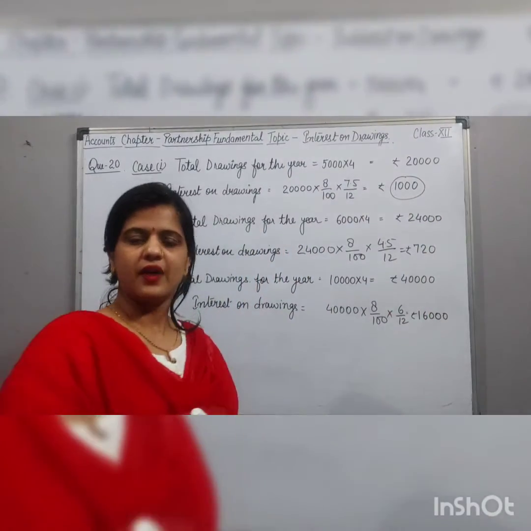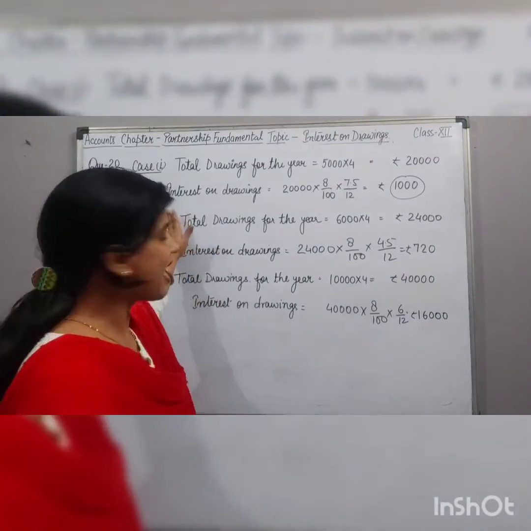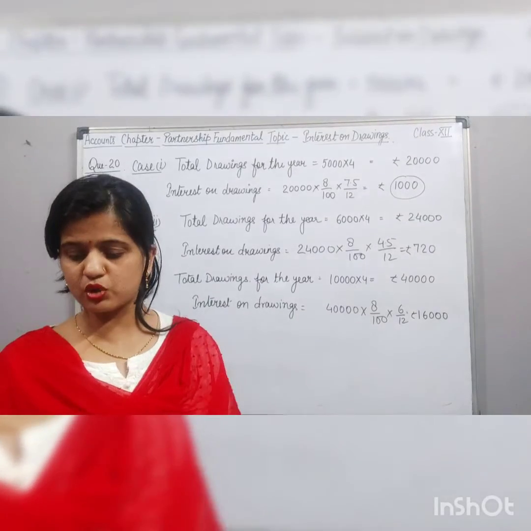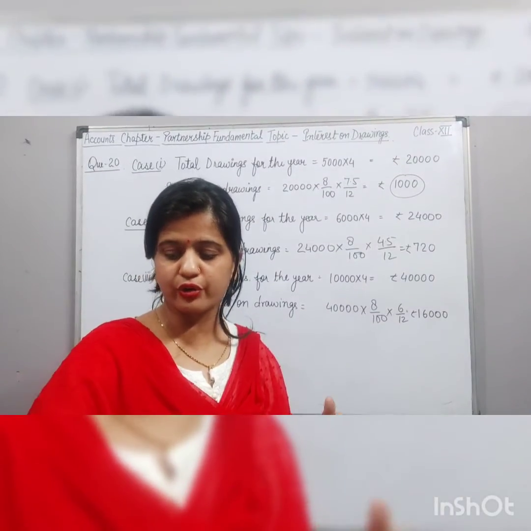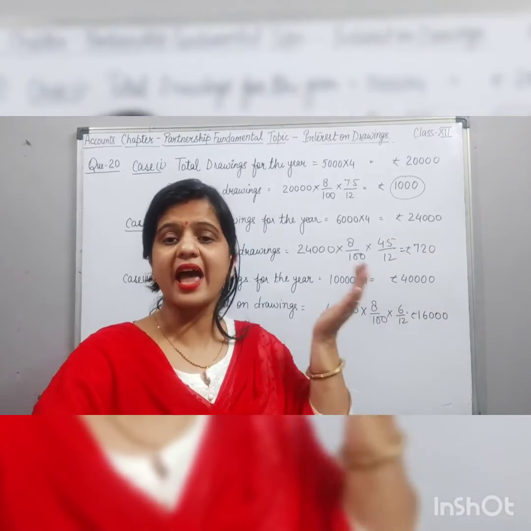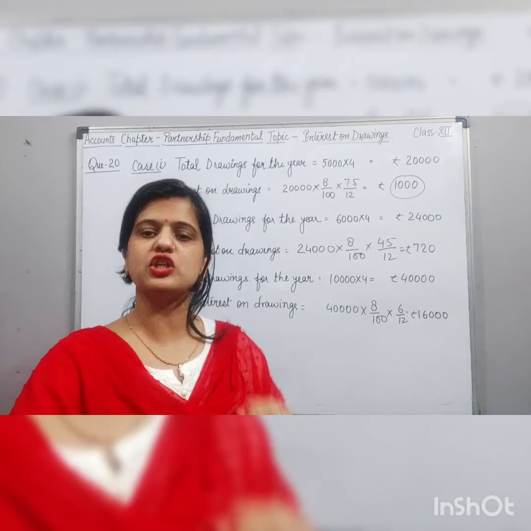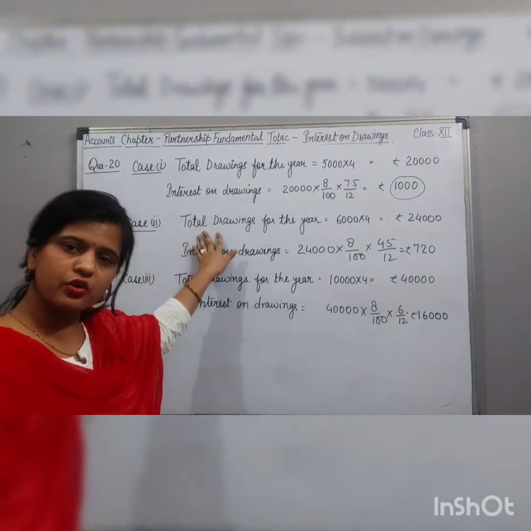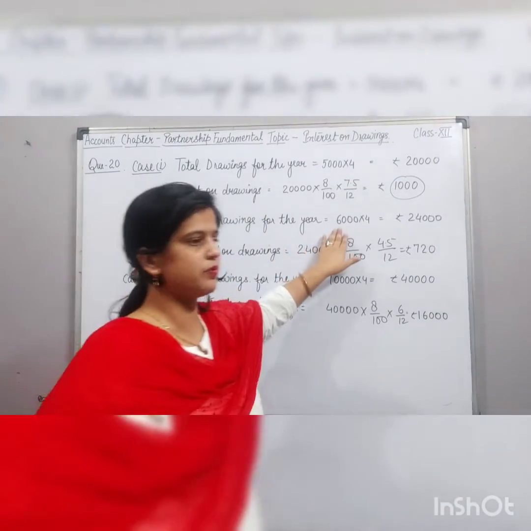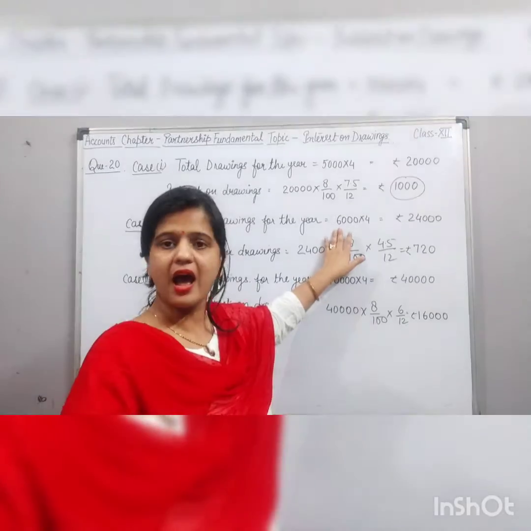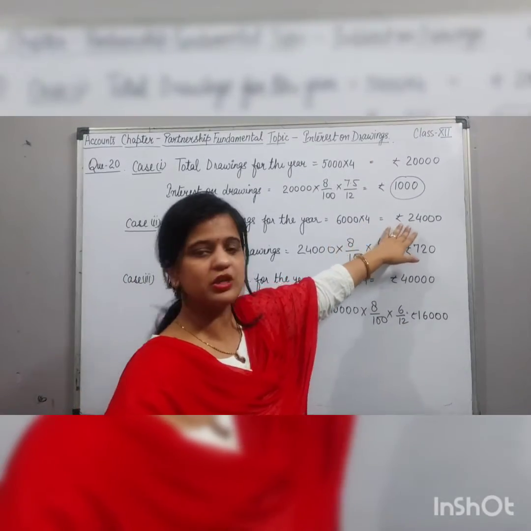Now the second case: he withdrew 6,000 at the end of each quarter. First of all, we calculate the total drawings: 6,000 into 4, that will be 24,000.